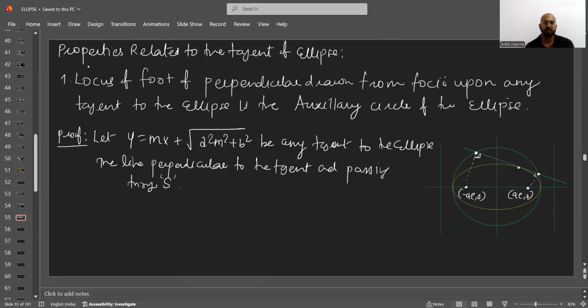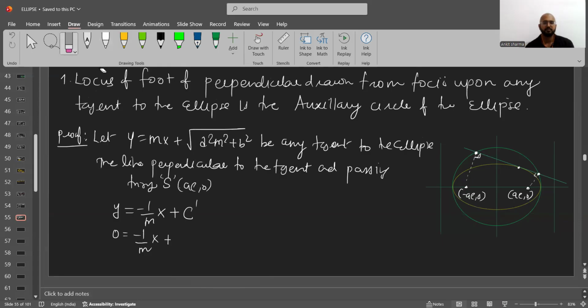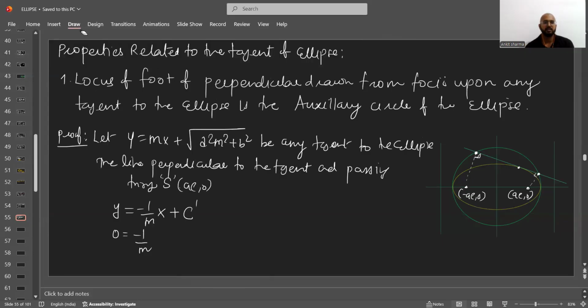It would have a slope which must be the negative reciprocal. So I'll have y = -1/m into x plus some constant, c dash. Now, since it passes through S, which is (ae, 0), I can plug in: 0 = -1/m into ae, plus c dash.